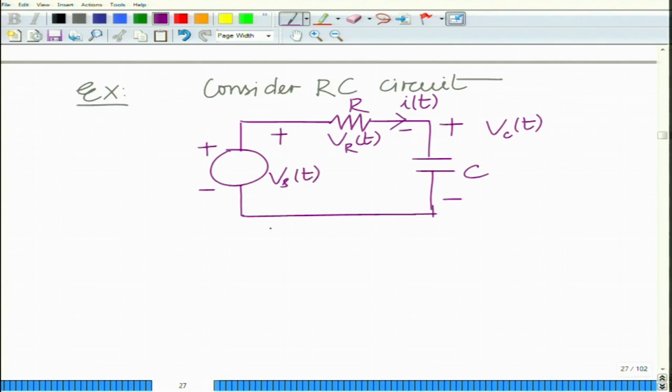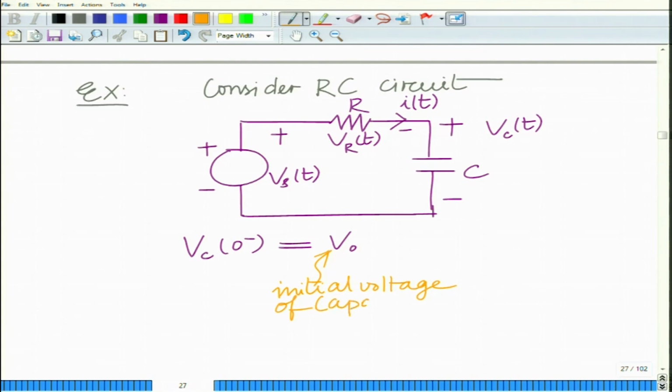vS(t). Now, we are given the initial condition vC(0 minus) equals V naught. Remember, this is the initial voltage of the capacitor.